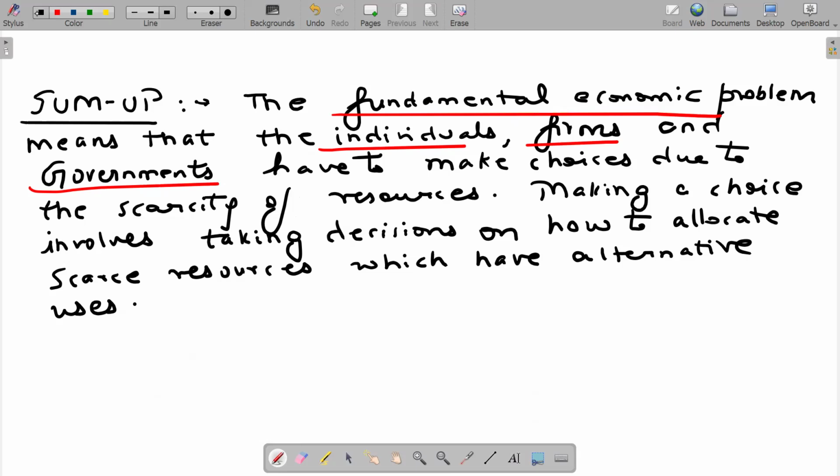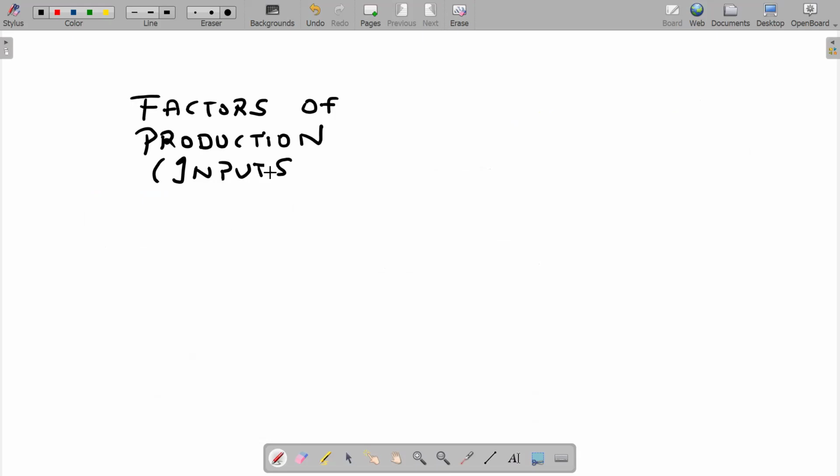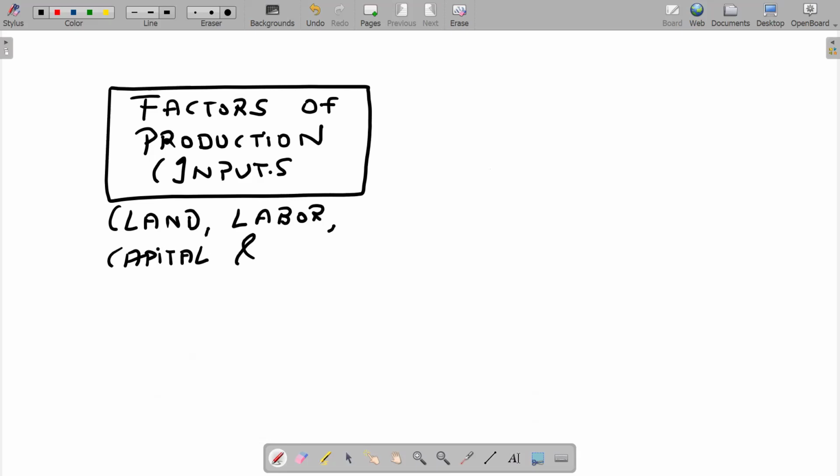Okay, so I can draw a flow chart just to make it interesting. We talk about the factors of production, also called inputs, which are land, labor, capital, and enterprise.